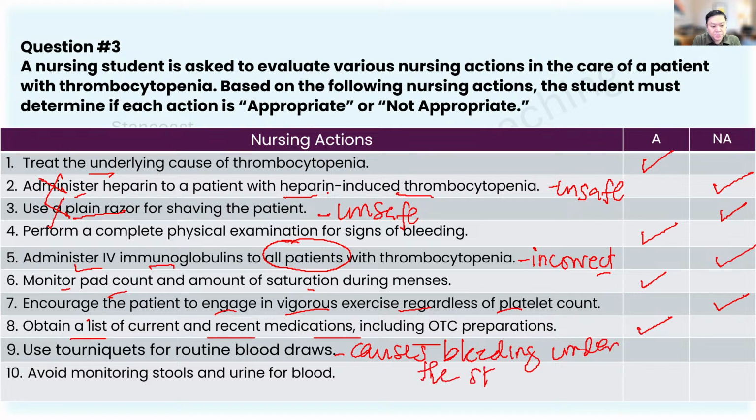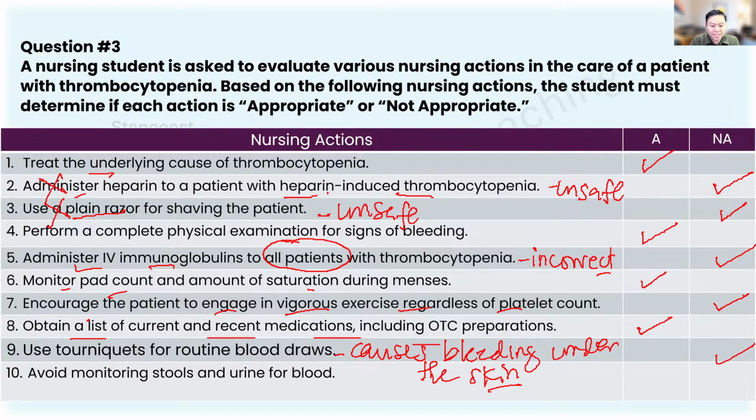So it is recommended not to use the tourniquet when we are doing the blood draw to the patient, especially if you're doing the venipuncture, if we really have to. So make sure that you are going to mark this as not appropriate.